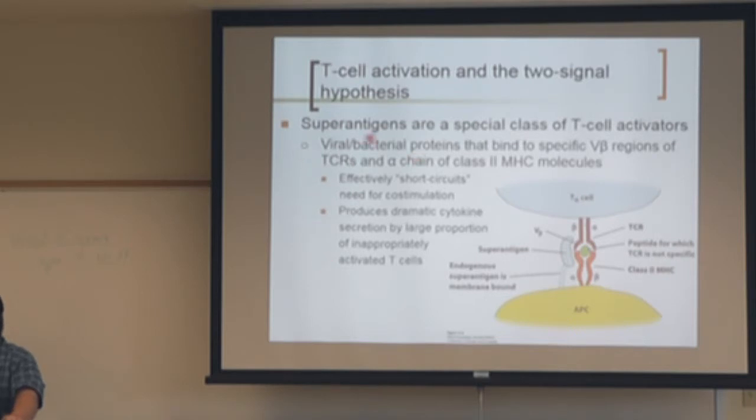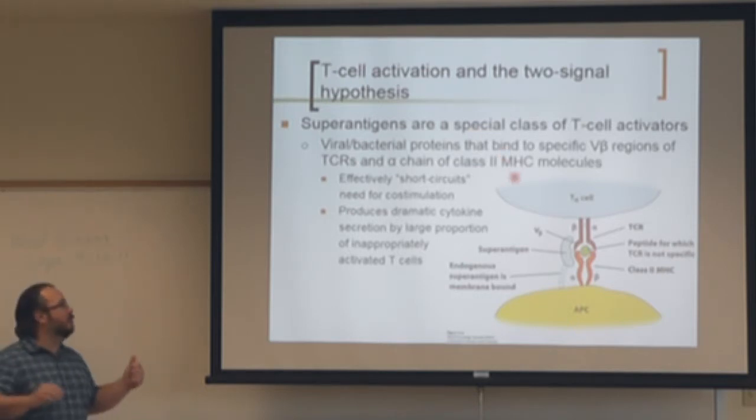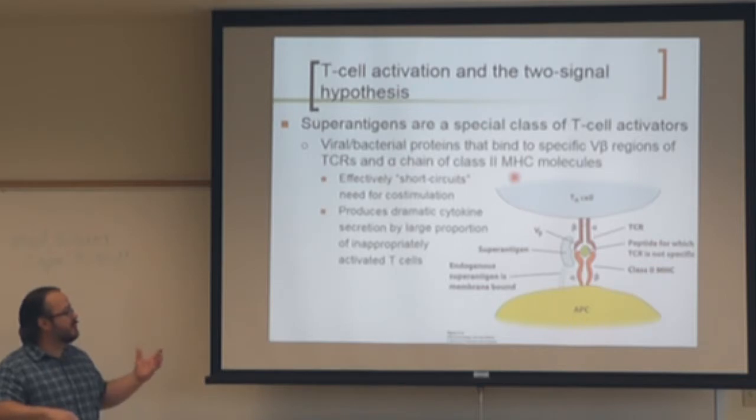So the other thing to keep in mind is we have these things called superantigens. We only have one slide on them. What's important to know is a superantigen bypasses T cell receptor specificity for a certain MHC.